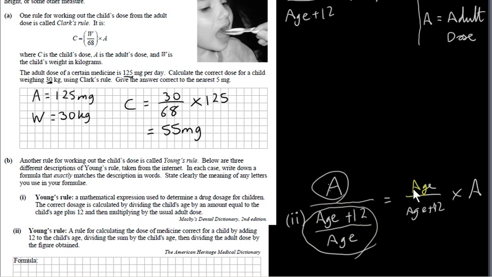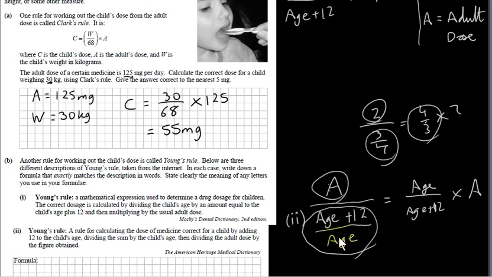So we turn this fraction upside down to get age over age plus 12 and then multiply by A. It's like dividing, say, 2 by 3/4. That's equivalent to 4 over 3 times 2. Same story here. We invert this fraction and multiply by what's on top. So we invert this fraction down here and multiply by what's on top, which is capital A for the adult dose.